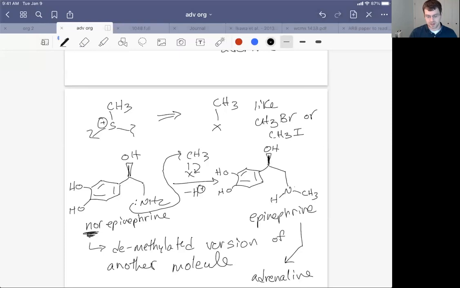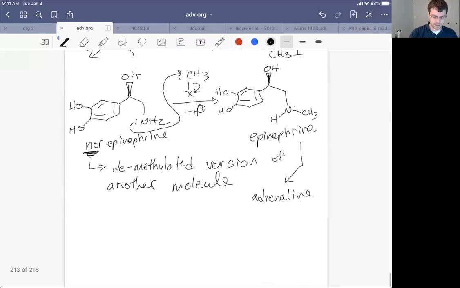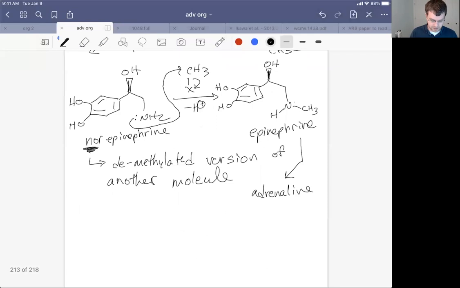This is one of those neurotransmitters that communicates a broad signal to the brain, allowing you to drop everything and start your fight or flight response immediately. All of a sudden you're not hungry anymore. You say the adrenaline's kicking in because it's stopping you from doing other things. Okay. Anyway, so that's a reaction. It's an SN2-like reaction.